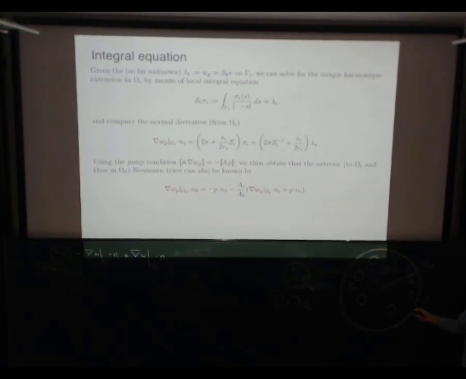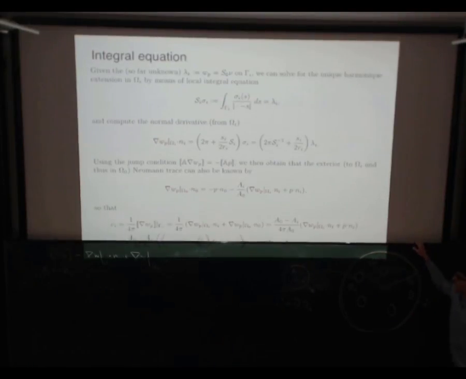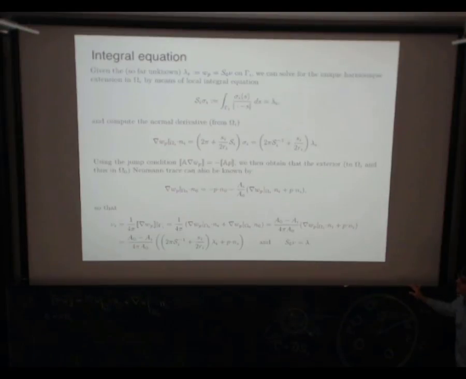So by rearranging these terms here, I can write the Neumann trace from the outside equal to that. And with this at hand, if we write the definition of this density that we would like to define, which is the jump of WP, that means the Neumann trace from the inside plus the outside, you replace the outside by this formula here.